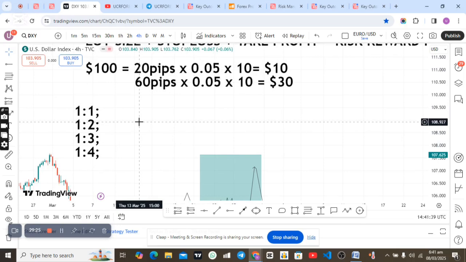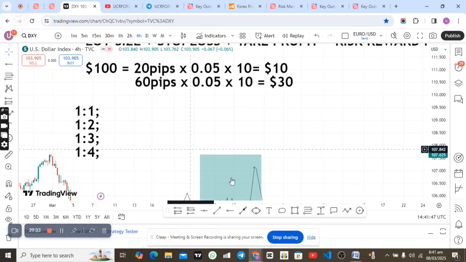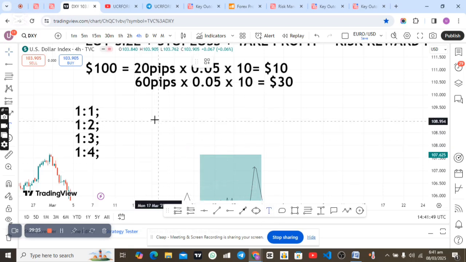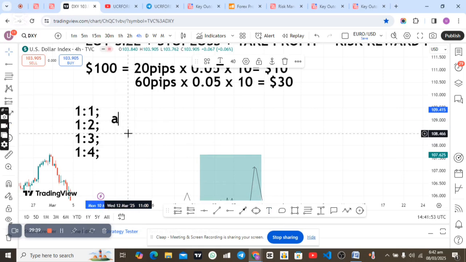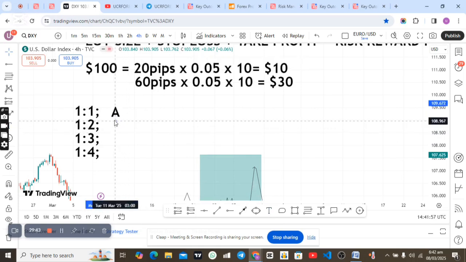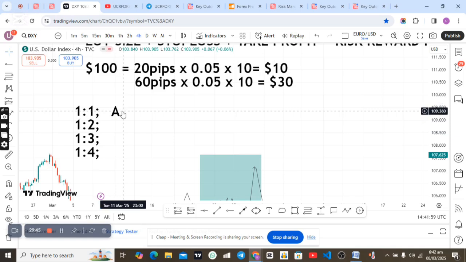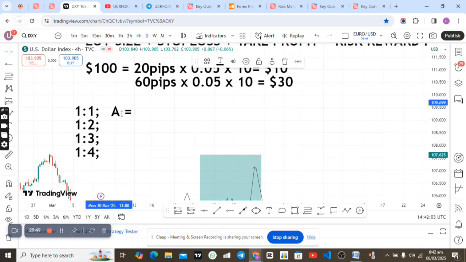Now let's say you have a trading team, or you have four friends that trade Forex, and the four of you trade the same setup, take the same entry, right? The first person, Mr. A, is using a 1:1 risk to reward ratio.